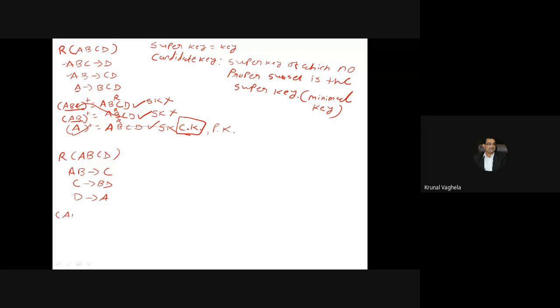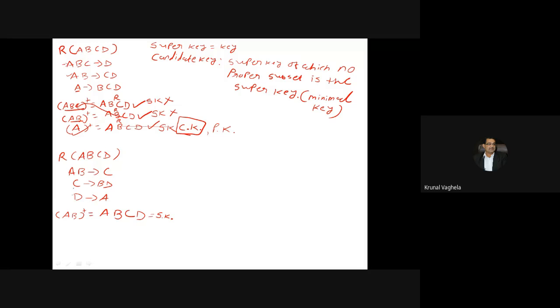I will find the closure of AB. If I have AB, I can find C. If I have C, I can find B and D. So I have A, B, C, D. So AB is a super key.